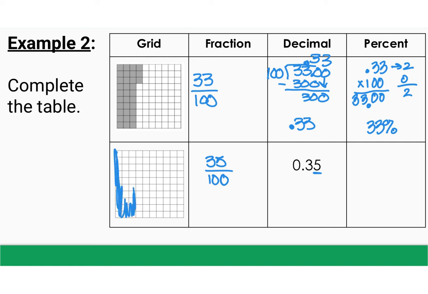I can shade 35 squares. And then I can take my decimal and multiply it by 100. 2 0 placeholders, 2 decimal places, so it would be 35%.